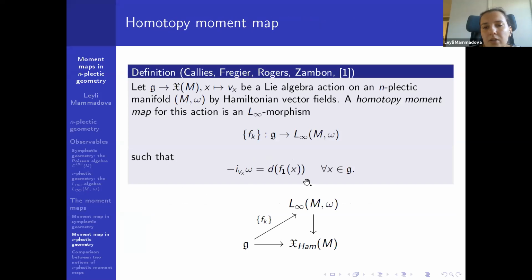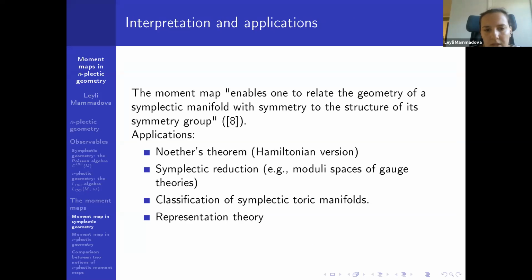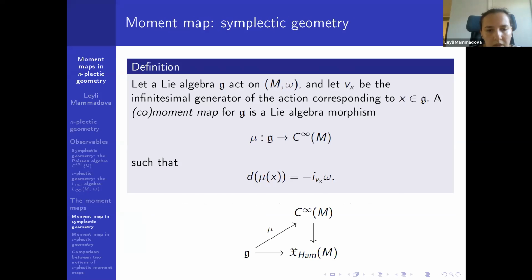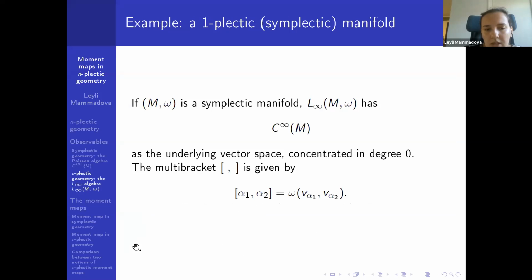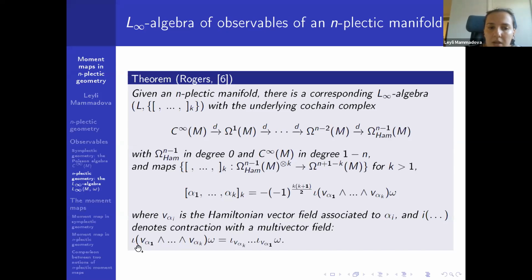Such that the following holds, but before, I should tell you what this means. Remember when I told you that L-infinity morphisms are morphisms between differential graded coalgebras. I also told you that it translates to a collection of maps.